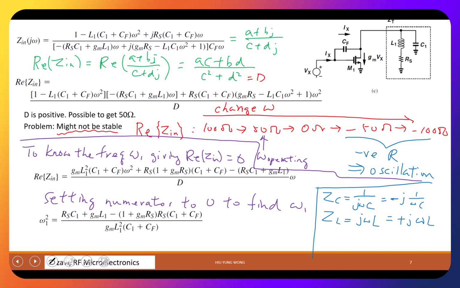Now, if I have a negative value, I add an inductor with the same value in parallel to it. Then they will get cancelled at the frequency that I want. Or use a capacitor to cancel the inductor, because one is positive, one is negative.